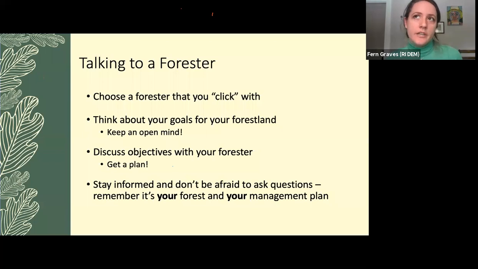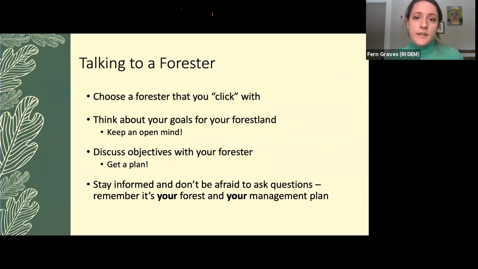When you give your forester those goals, that's what you bring to the table. You bring your goals and what you want to do and what you can do. And the forester will bring their science background of forest ecology. They take an inventory of your land. That includes tree species, wildlife sign, health of the forest, understory, soils. It includes a lot of different things that you're going to see in your plan.